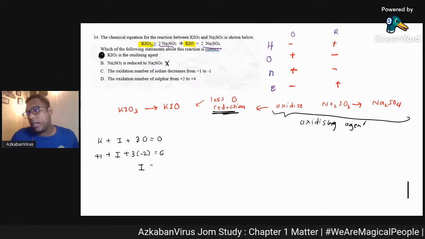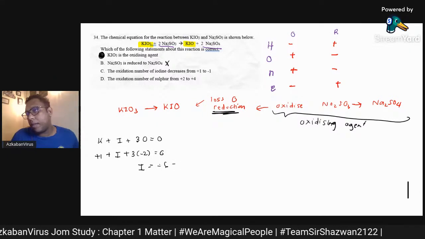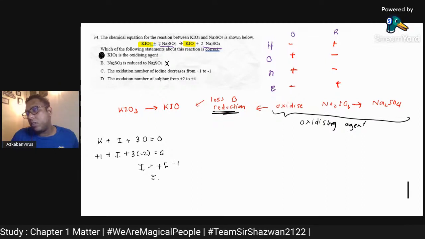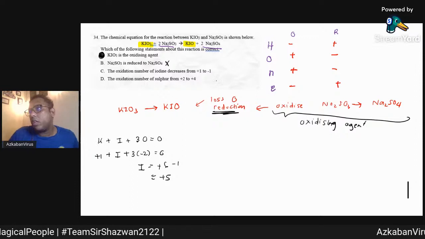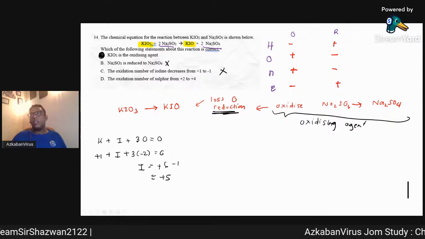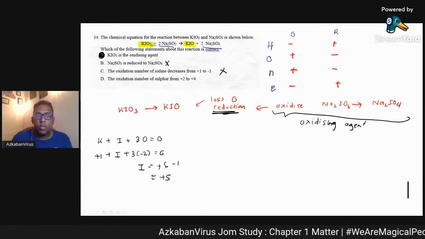So I kita adalah -6, so +6 -1 is equal to +5. So ini dah salah. Okay, jawapannya adalah A.